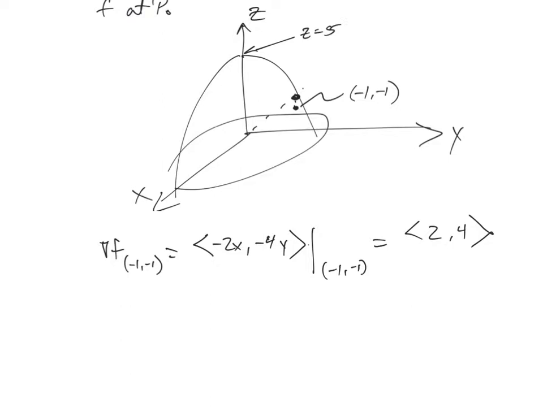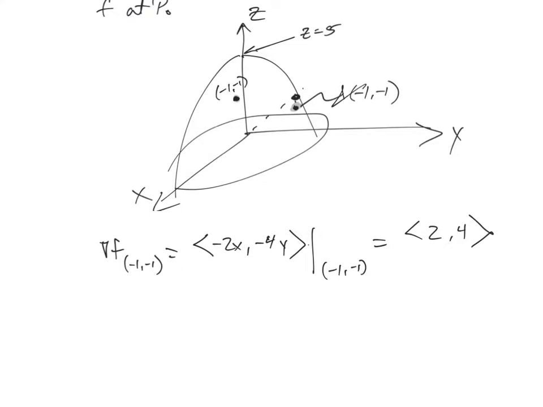Oh, what am I saying? That's not where the point is. Somebody should have corrected me. I can't do it now. The point is at -1, -1. That's going to be over here somewhere. X is equal to -1 in the xy plane, right? -1, -1.